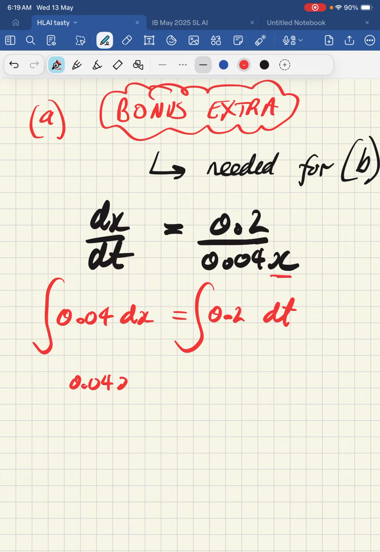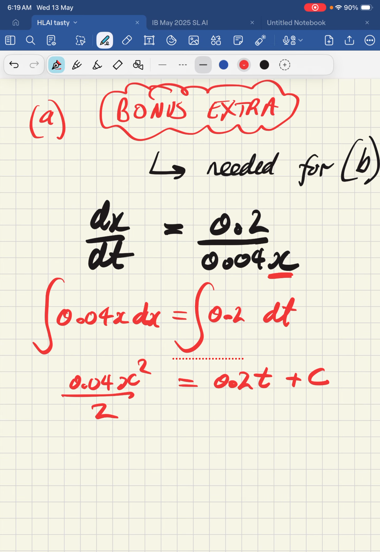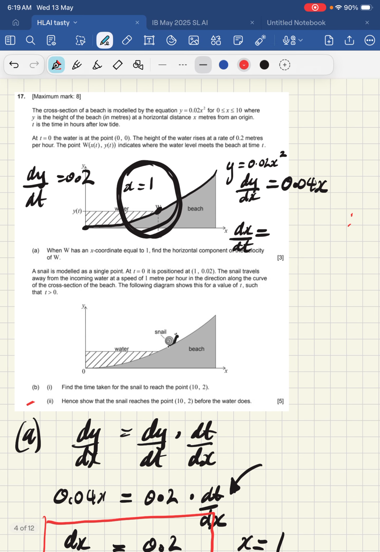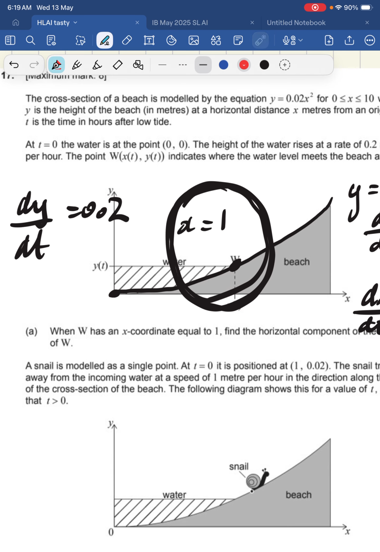Oh, my bad, look, there's an x here, so I didn't bring up the x as well as dx. So 0.04x squared over 2 equals 0.2t. There's always a plus c, but I think the question told us a bit of extra information.